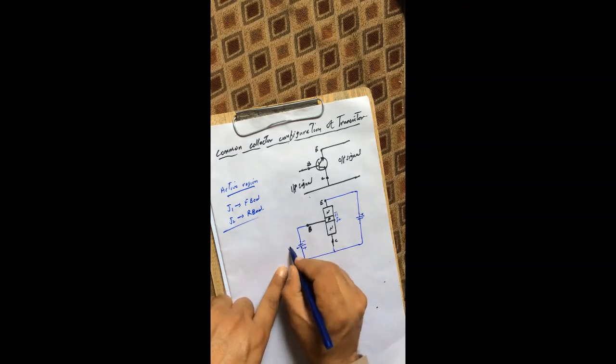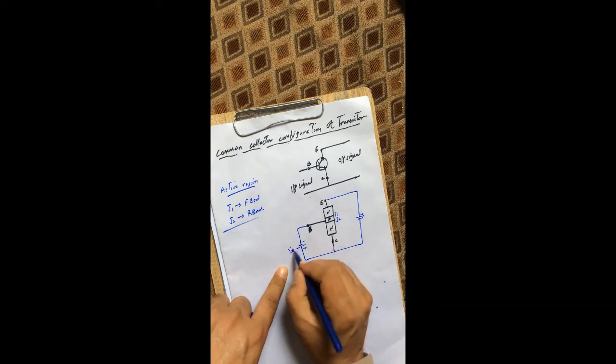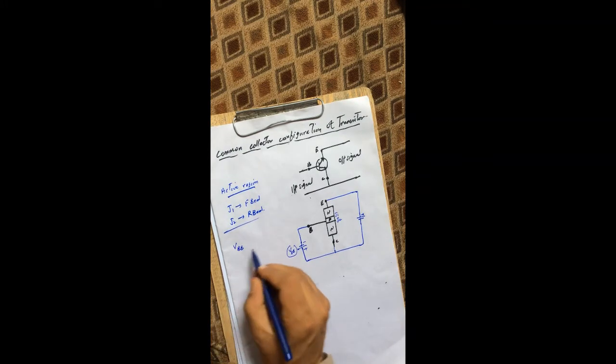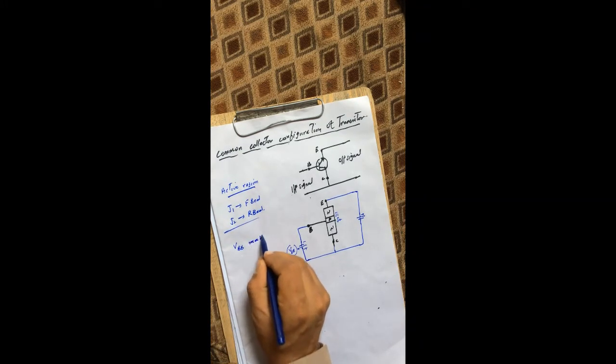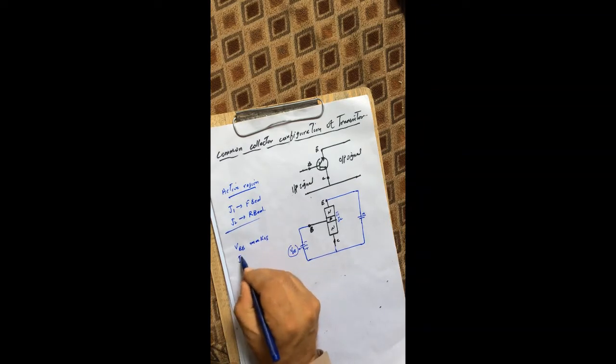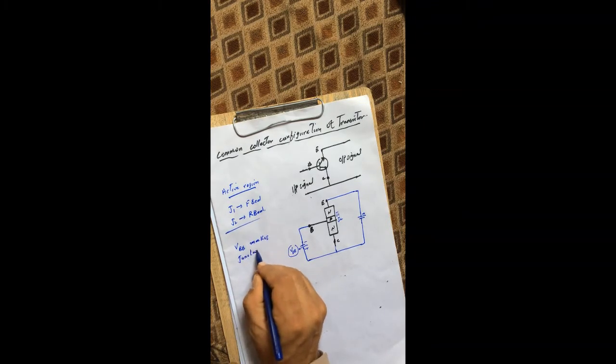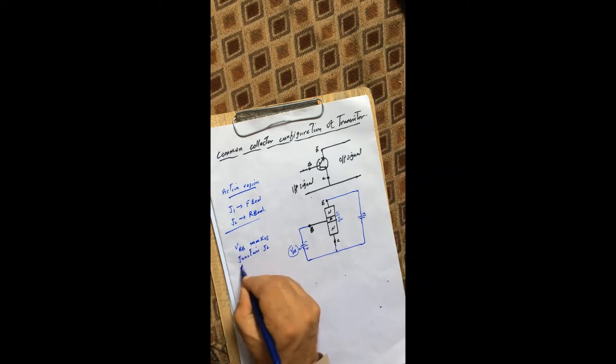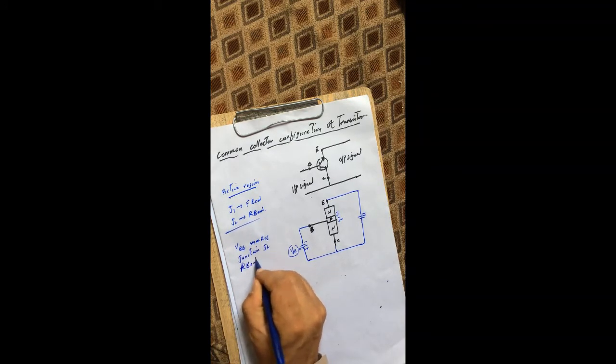If I call this battery VBB, because it is connected to the base terminal, this battery VBB makes junction J2 reverse biased.